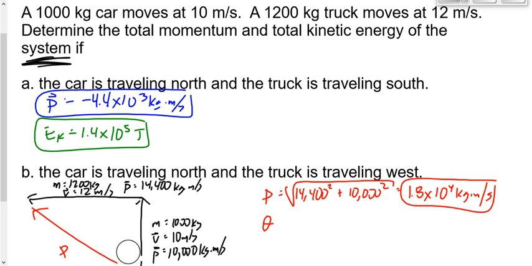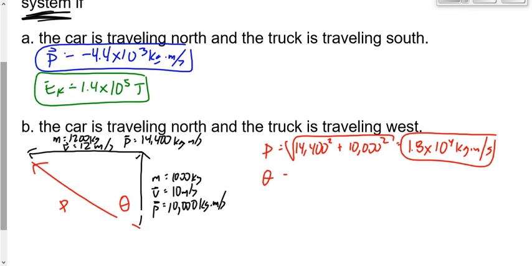Theta, my direction, is going to be the inverse tan function of opposite, which is 14,400, over adjacent, which is 10,000, and that gives me an angle of 55 degrees.